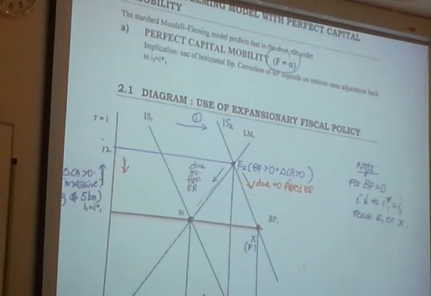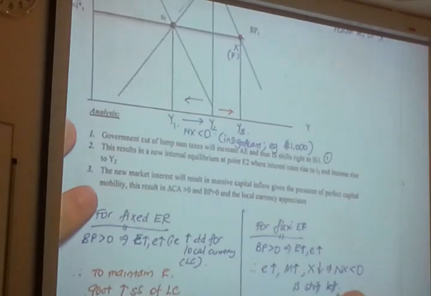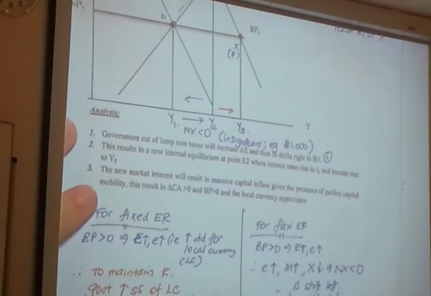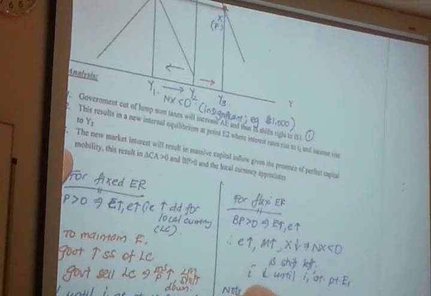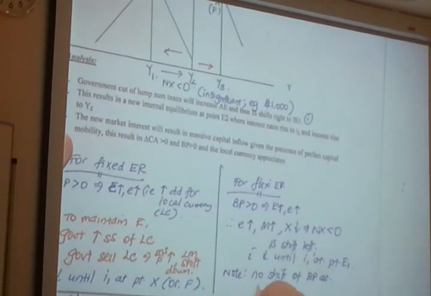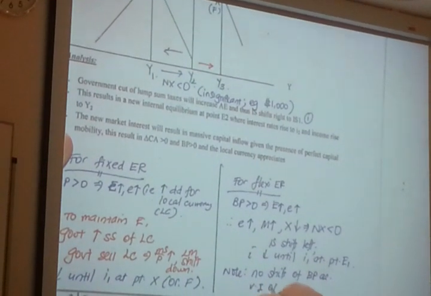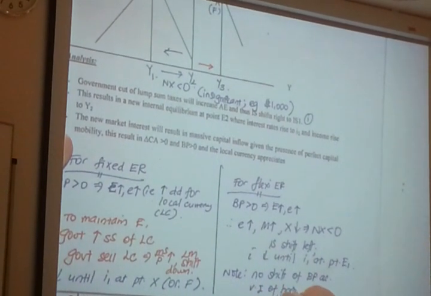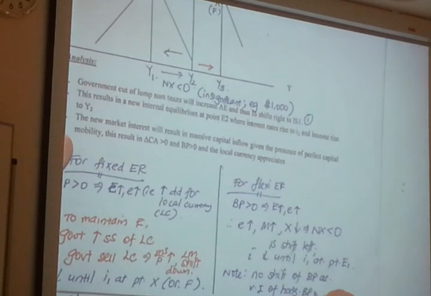Alright? Okay, so in this case, IS shifts left. Interest rate will drop until I1 at point 1. Okay, now put a note there for yourself. There is also actually no shift of BP. Because I taught you last week, the vertical intercept of BP, which is primarily horizontal BP, is I star.